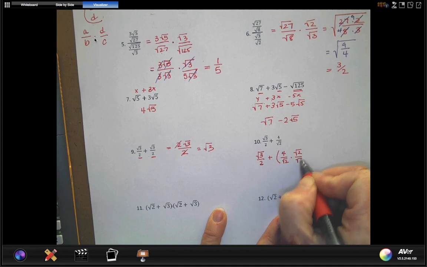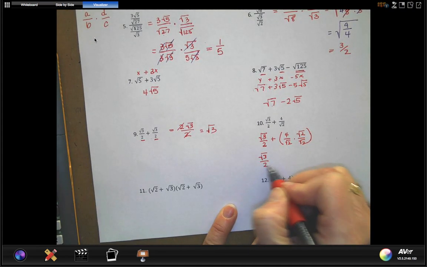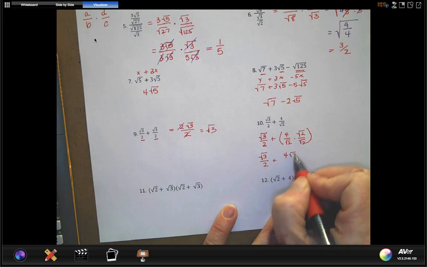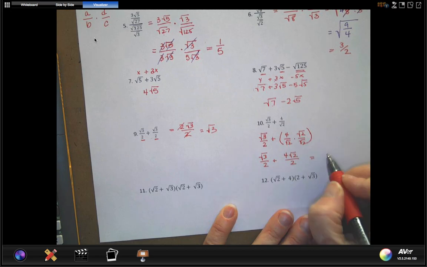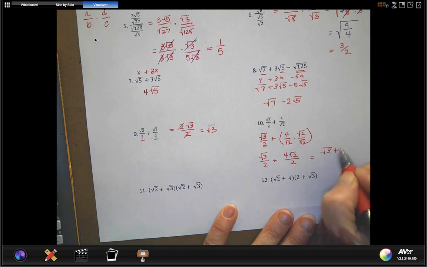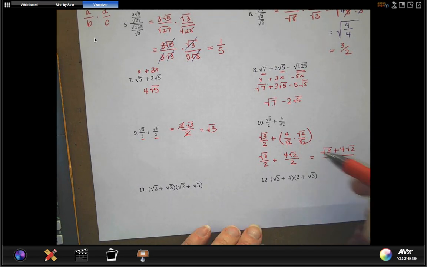Remember, I'm just multiplying it by 1, so I'm really not changing the number. I'm just changing how I write it. Now I have the same denominator. Well, there's no coefficient in here that I can put the 2 into, so don't worry about that 4 there.